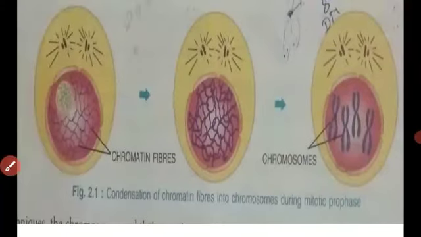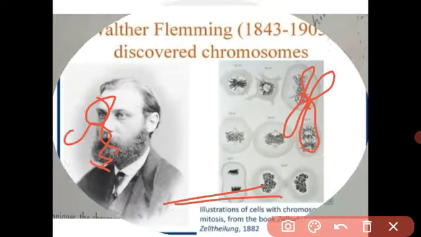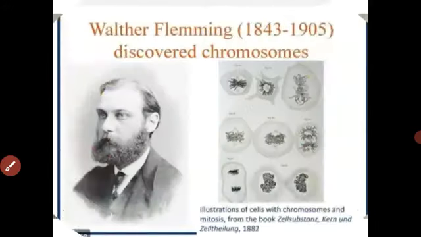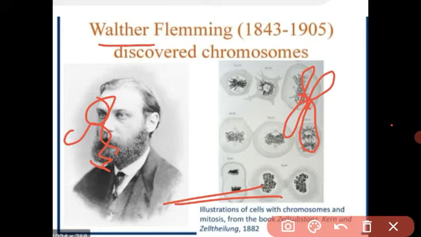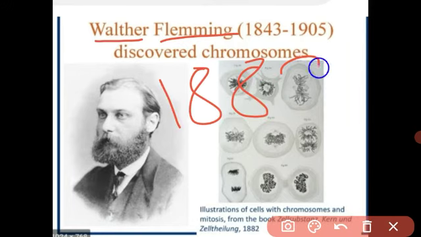Let us see. The chromosome was first studied by the scientist Walter Fleming. In exam, maybe they ask the name of the scientist who first discovered the chromosome. Walter Fleming was the German scientist who first studied the chromosome in 1882.